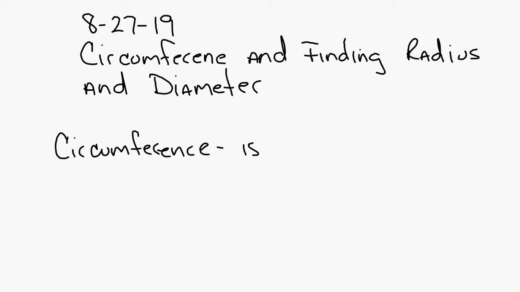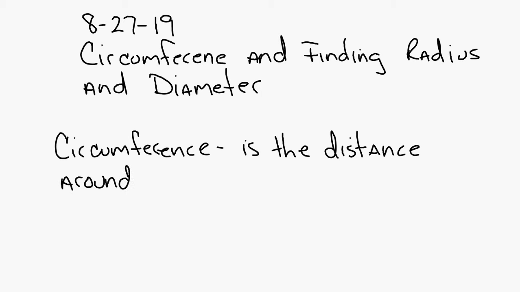Circumference is the distance around a circle. And there are two formulas that you can use to find the circumference of a circle.